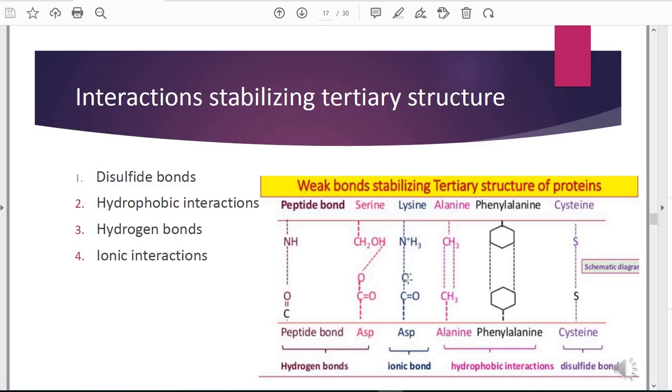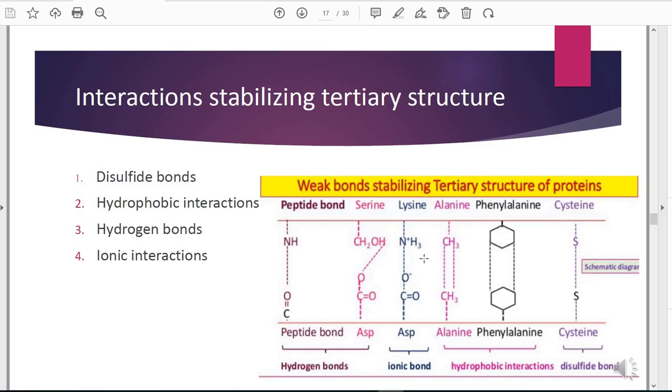Acidic amino acids have negative charge, and basic amino acids have positive charge, like lysine and aspartate will form the amino group having positive charge, and the carboxylic of the lysine and the carboxylic group having negative charge of the aspartate will form what's called ionic interaction or salt bridges or ionic bonds.